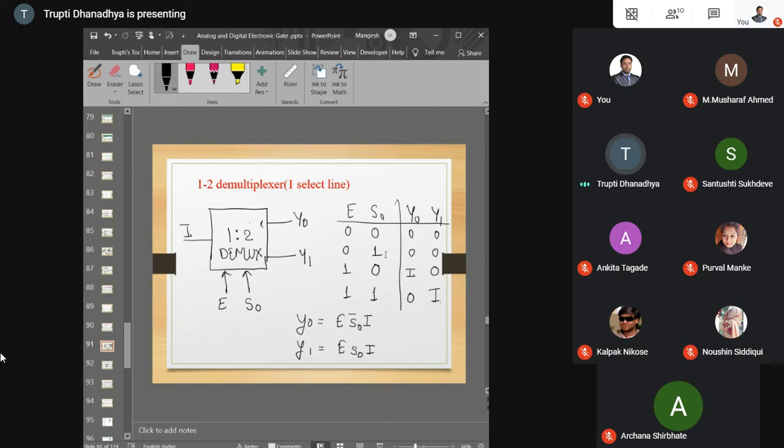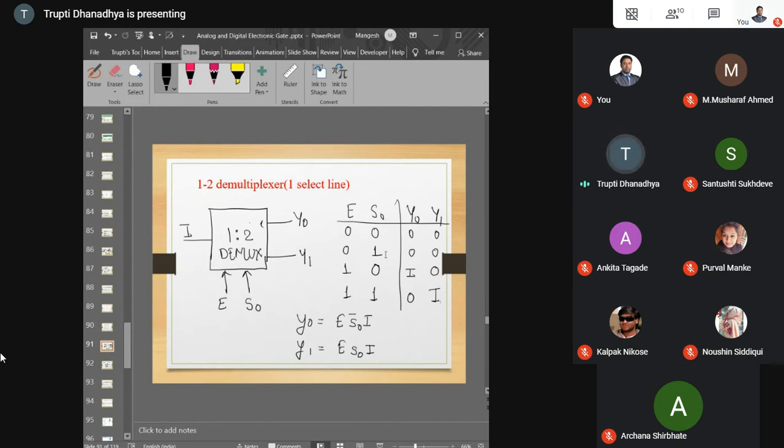So here is only one input, and we want two outputs. So I'm taking I as an input, E is the enable line, S0 is the selector line, and Y0 and Y1 are your output lines. So you can see here a truth table. I already told you, if enable is equal to 0, then the output for the demultiplexer or multiplexer is 0.